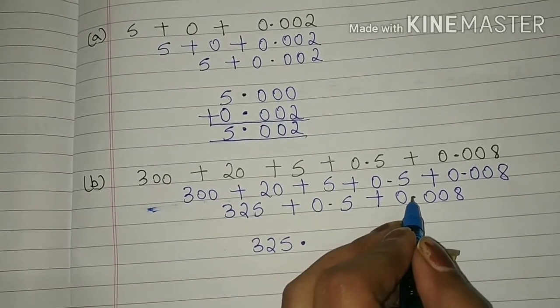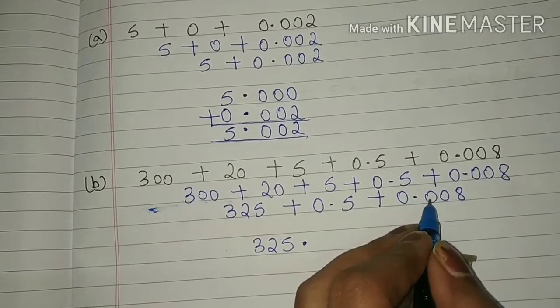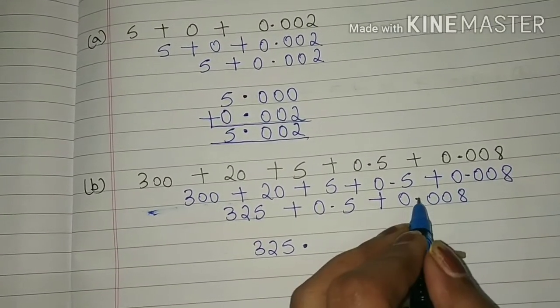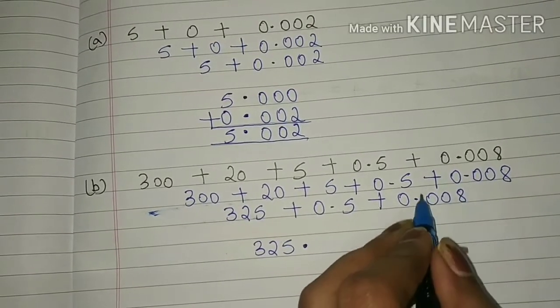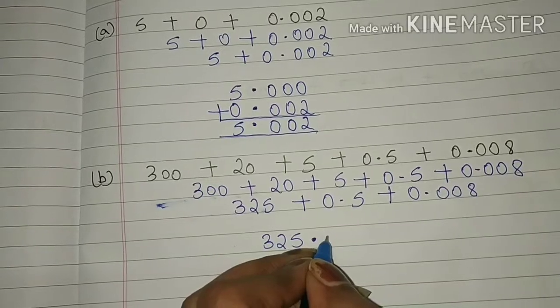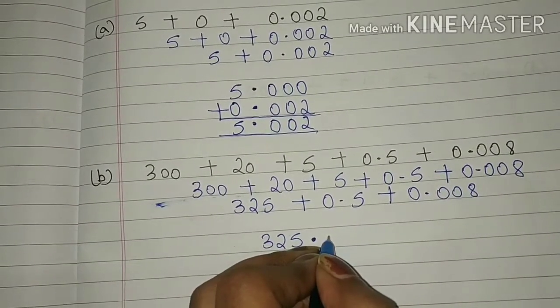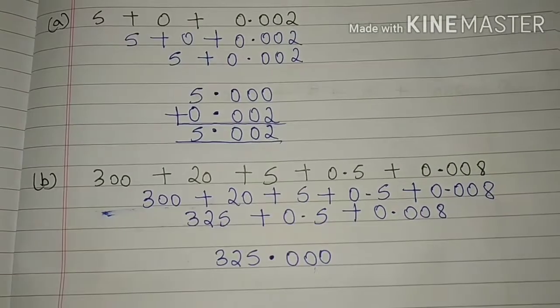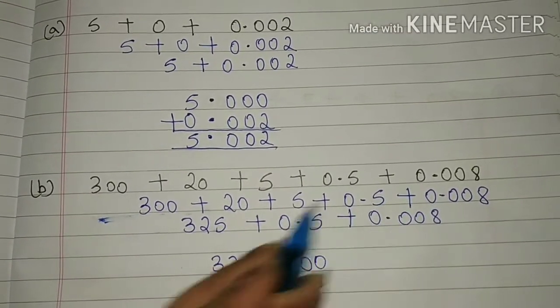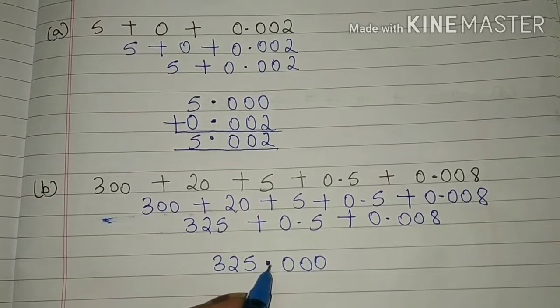Students, you can see here after a decimal point, 3 numbers are given to you: 1, 2, 3. So students, just to make the calculation easy, we will write 3 times 0 here. Students, you can see here is a decimal point. So we will put a decimal point here also.